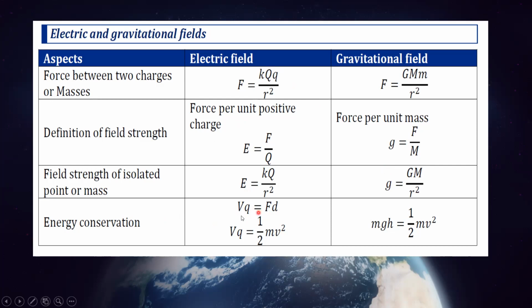For example, the electrical energy equals work done, and in the gravitational case, the same thing: the gravitational potential energy will equal work done or kinetic energy. Electrical energy can be used to do work on a charge, whereas gravitational energy can be used to do work on a mass.